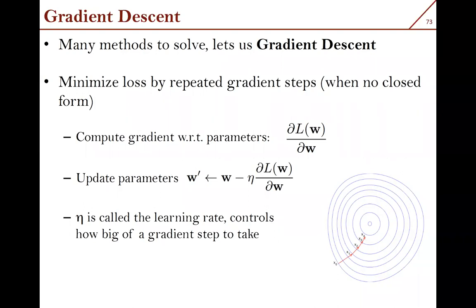So eta is the learning rate, and it tells you how big the gradient step you should take. Obviously, if you make it too small, your computing time will be enormous.